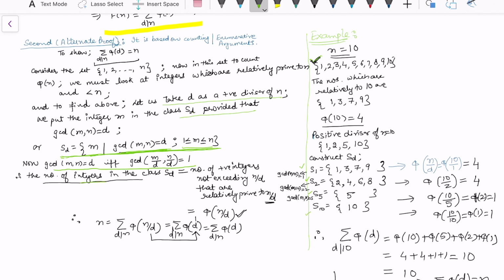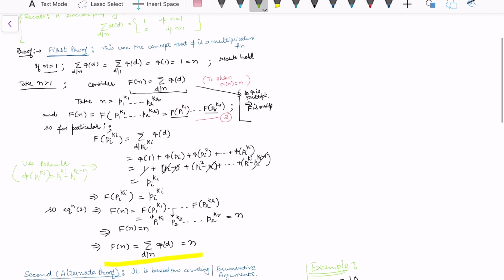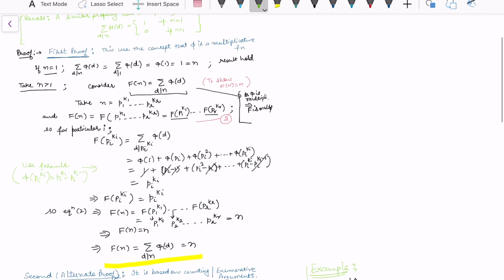This means the number of integers in this class S_d is the same as the number of integers in the class up to n by d that are relatively prime to n by d. So that is phi of n by d. So this number is the same as this number, because phi of n by d is again a divisor. So that's another alternative proof where the counting principle holds. But in case we find it difficult, we may have a simple proof where the multiplicative property is used.